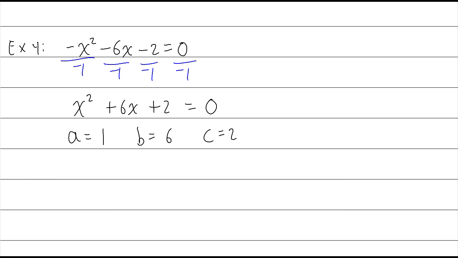The discriminant is b squared minus 4ac, so 6 squared minus 4 times 1 times 2. That's 36 minus 4 times 1 is 4, times 2 is 8. 36 minus 8, which is going to be 28.